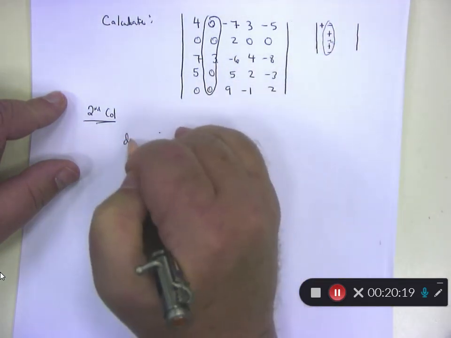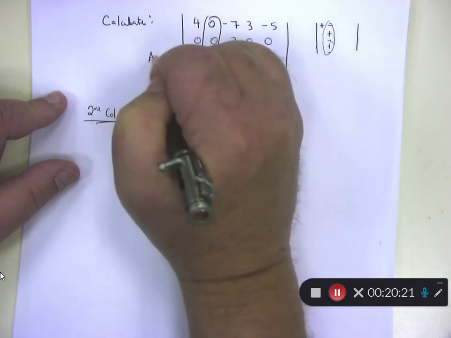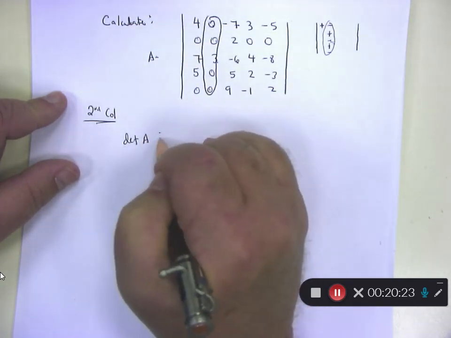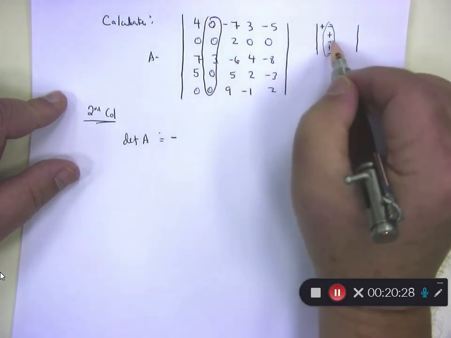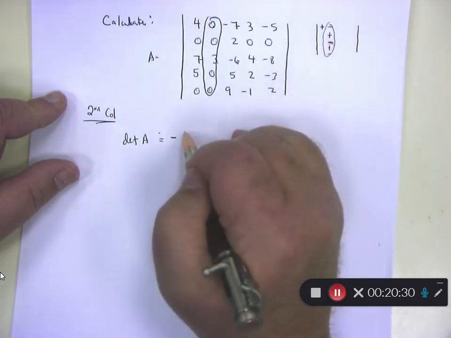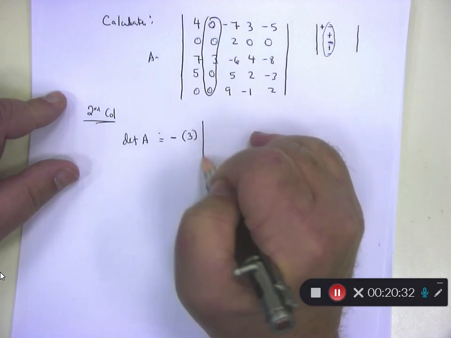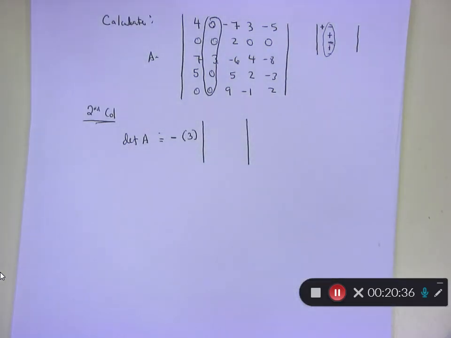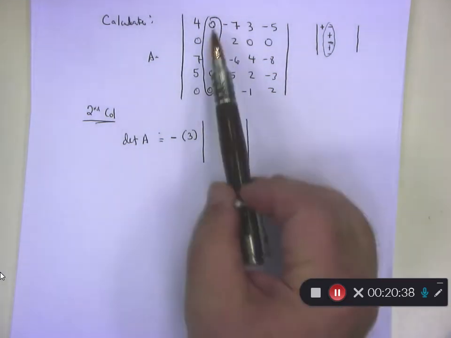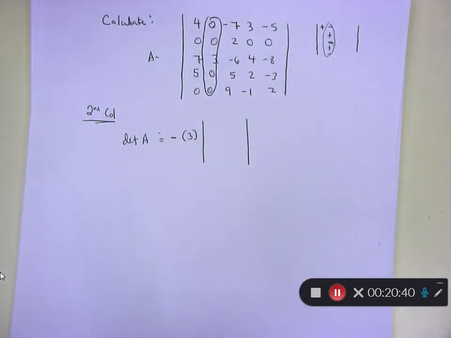So the determinant, let's give this guy a name, let's call him A here. The determinant of that matrix A is equal to negative, because of the sign right there, 3 times, what would the minor matrix be? Knock off, I don't care about the rest of them because they're a bunch of zeros, so I'm not going to write the zeros.